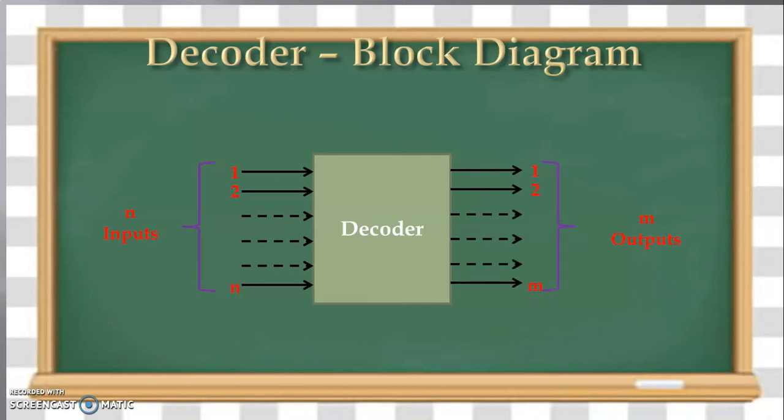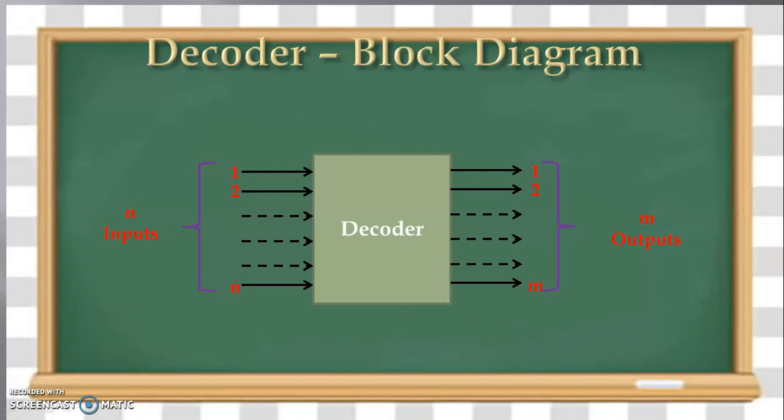This is the basic block diagram of the decoder, and for each input combination, one selected output line is activated.